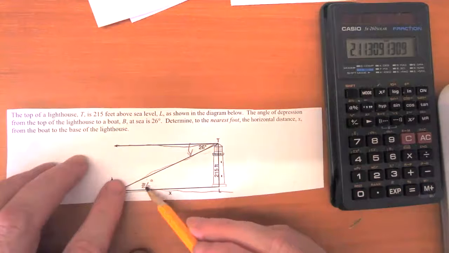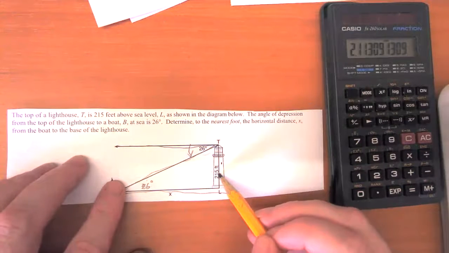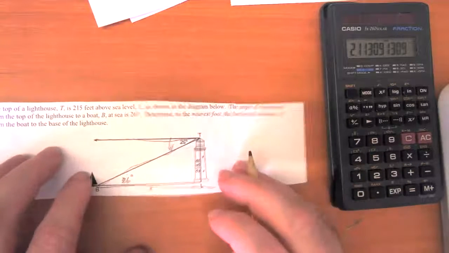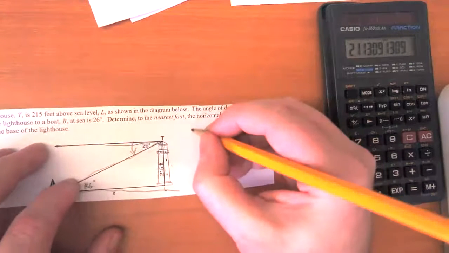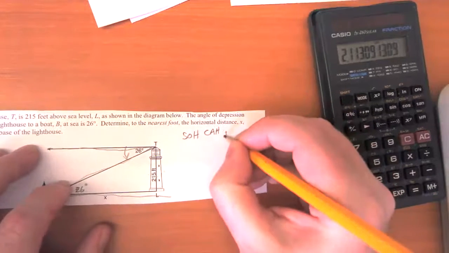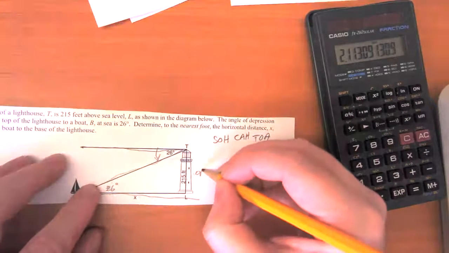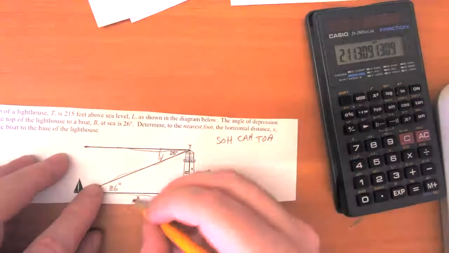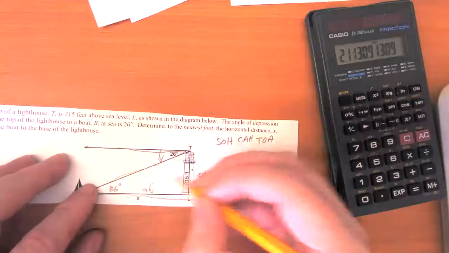So now I've got my right triangle, and here are my three sides. I've got 26 degrees, I've got 215 feet for the height of the lighthouse, and I want to solve for x here. What are the names of these two sides, and which trig function am I going to use to express it? Well, for 26 degrees, this is the opposite side, the height of the lighthouse, and this side over here is also a leg, and so that's the adjacent leg.